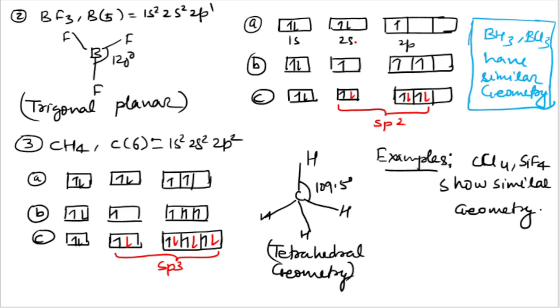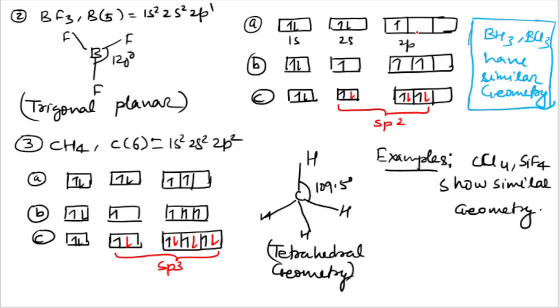This is the ground state, similar to what I discussed earlier. Because three bonds are forming, three covalent bonds, in the ground state only one electron is unpaired, so we need three unpaired electrons.